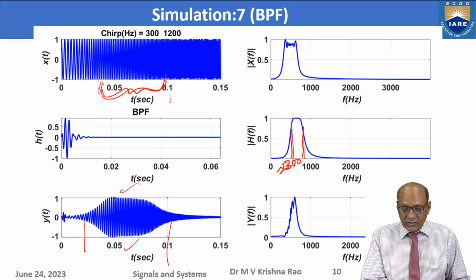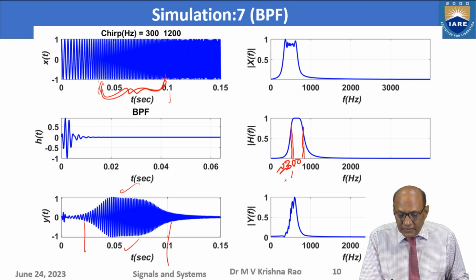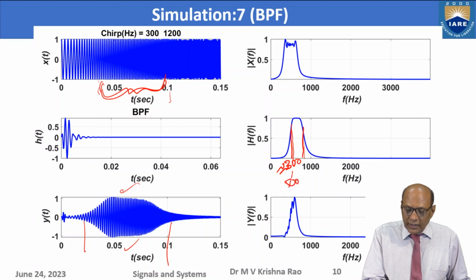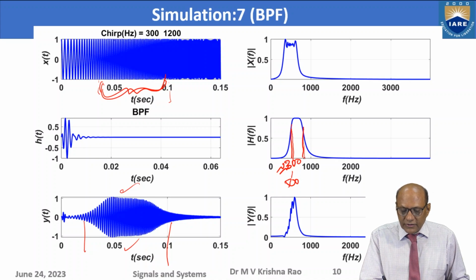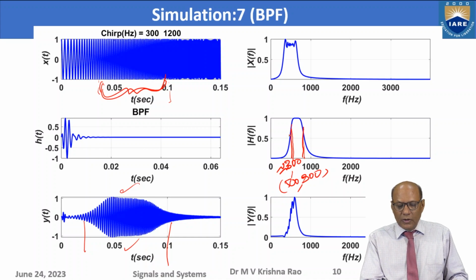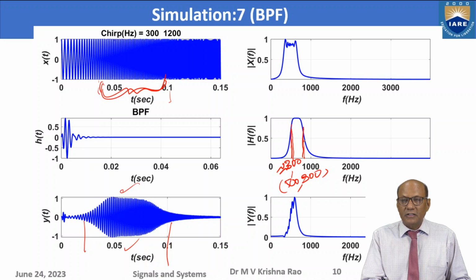This 300 is the bandwidth. What is the starting frequency here? Bandwidth is 300, but the starting frequency at the first 3 dB point is 500 Hz, and at this point it is 800.